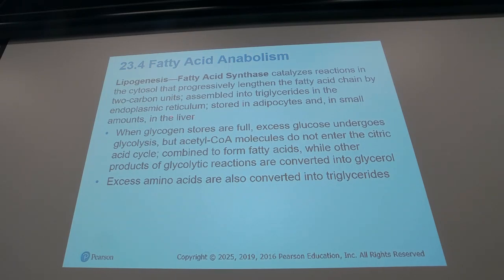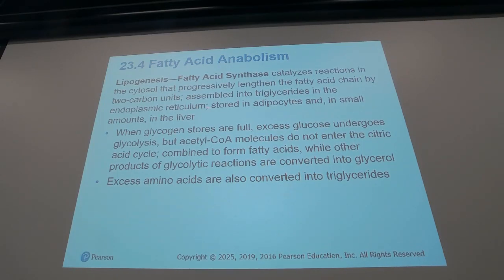And these triglycerides, once they are formed, will be stored in areas where we have adipose tissue in our body, like in the subcutaneous tissue, and around the kidneys, around the heart, behind our eyes. But the major storage of adipose tissue will be in the subcutaneous tissue underneath our skin.